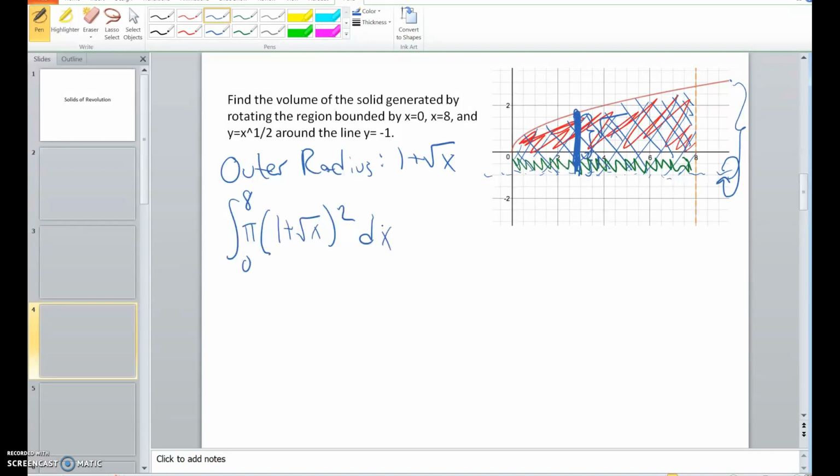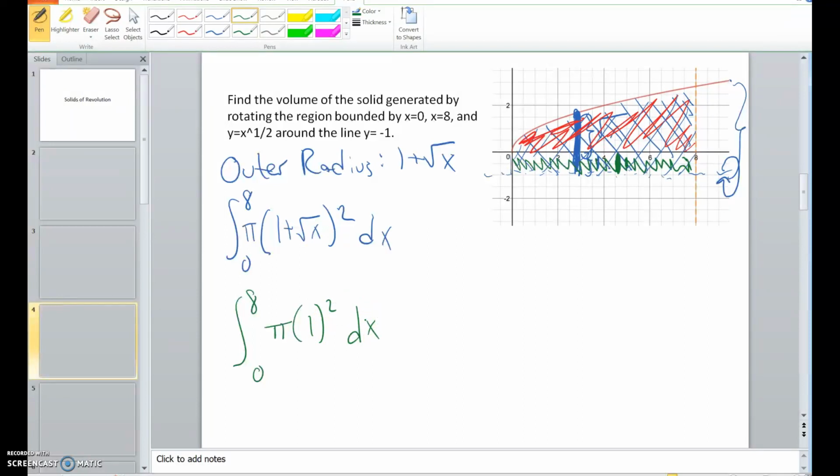And then the part that we would want to subtract out is the volume of the solid to be generated by rotating this green region. The green region is easy to find the volume of because its radius doesn't change at all. The radius of this region is always 1. So we would want to integrate from 0 to 8 again, but this time the radius is always 1. It doesn't change.